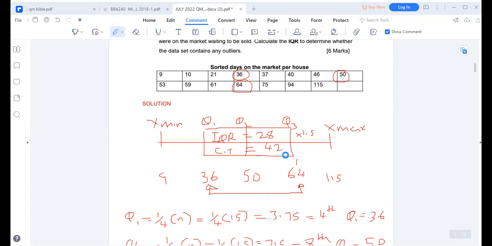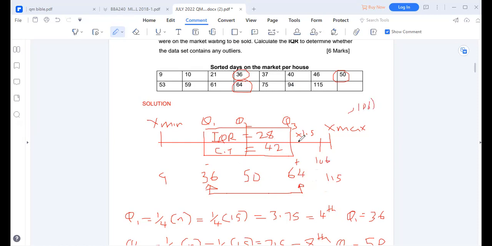And this 42 will give us the upper extreme value, which is 106, sorry. If we found 92, it would mean 94 and 90 and 115 are outliers. So you need to know your number line very well. So 106 is somewhere there. So 106 is the upper bound.